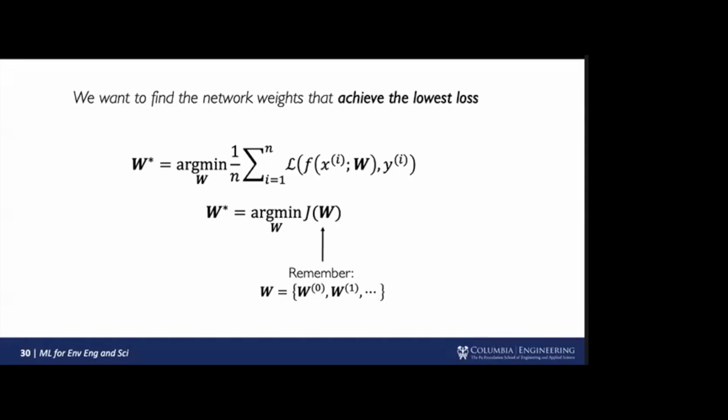So W here represents all the weights. When we say we want to find W star, we are not tuning one number. We are tuning multiple parameters at once for all layers and all neurons. Training means adjusting all of these weights together so that the overall loss is minimized.